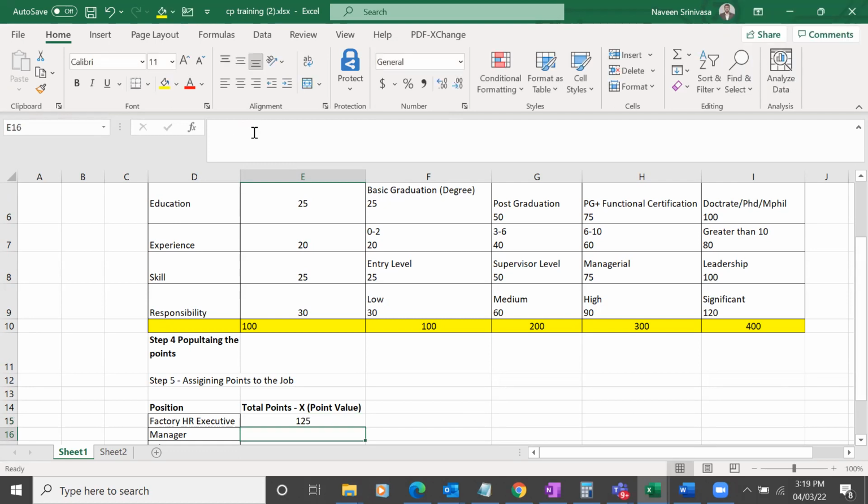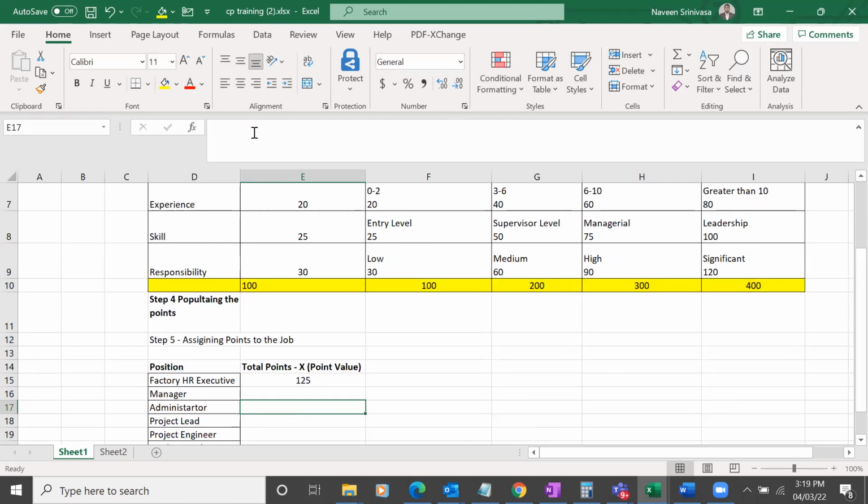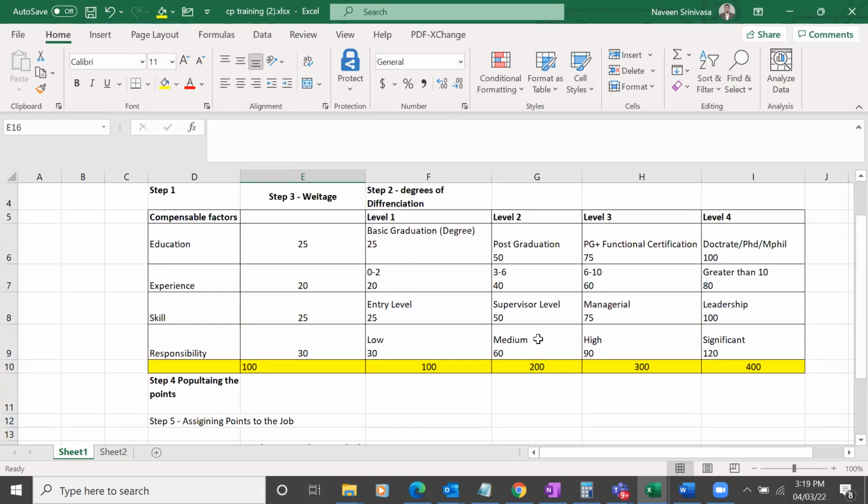For the manager, people will look at the job description and do it. For the manager, we can take post graduation, 6 to 10 years, then 75, 90.